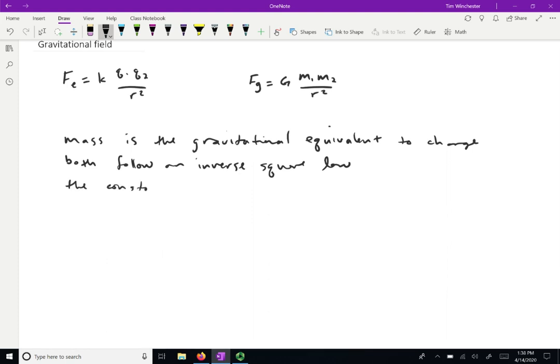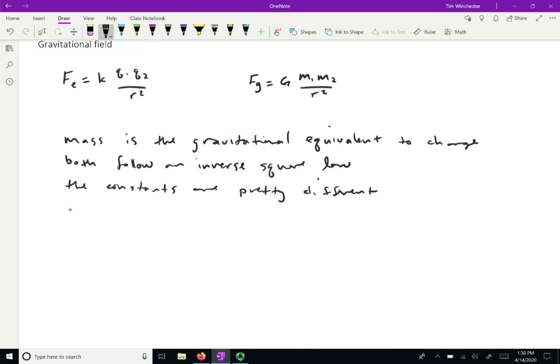So the force that we get for the electrical attraction, say, between a proton and an electron is so much larger than the gravitational force that it is hard to imagine that we could ever even measure the gravitational force in those cases.